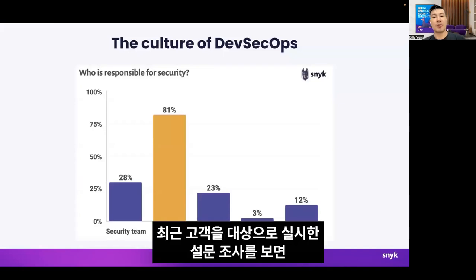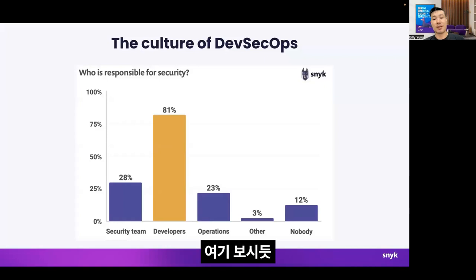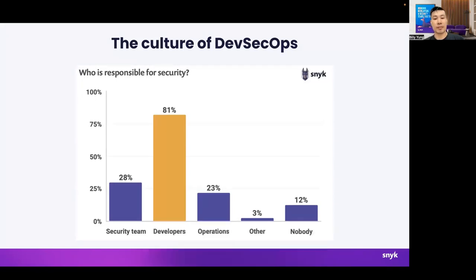A recent survey that we did with our customers asked who they think is responsible for security. And as you can see here, the majority of the response is that developers should be responsible for security.